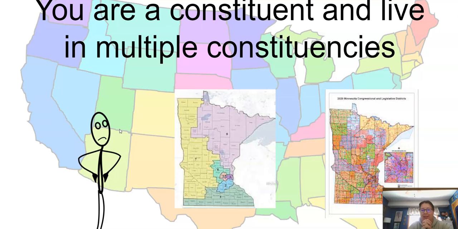Your address is actually part of 1, 2, 3, 4, 5, 6 constituencies right off the top of my head. So that makes you a constituent to all of those individuals. And so we're going to go through and make sure we understand the difference between these terms.